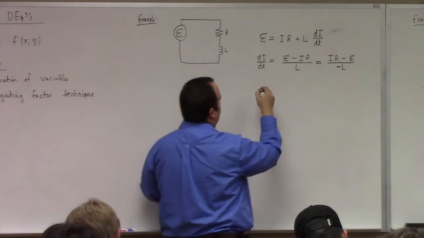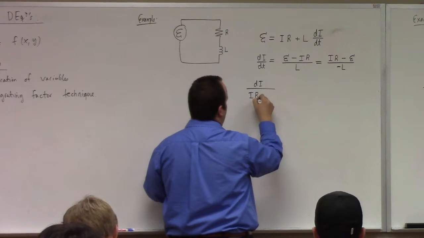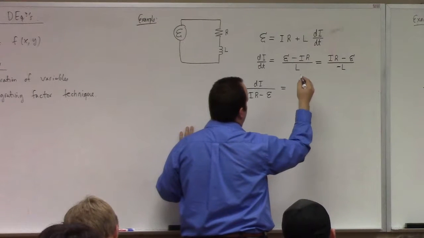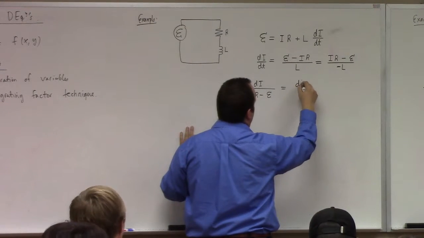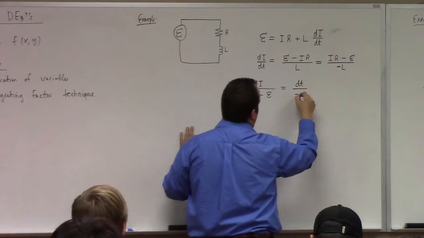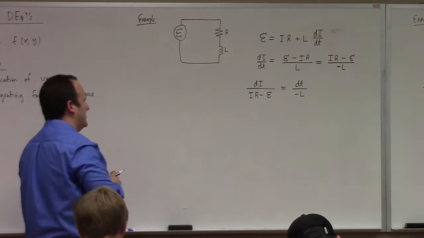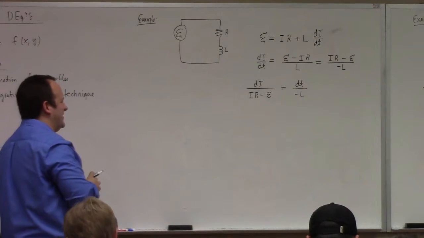Now, with that in mind, that gives me dI over IR minus E. You're like, that's weird. Fine. But deal with it. dt over minus L. And I don't know, I still don't like this very much. I want to have I by its lonesome.